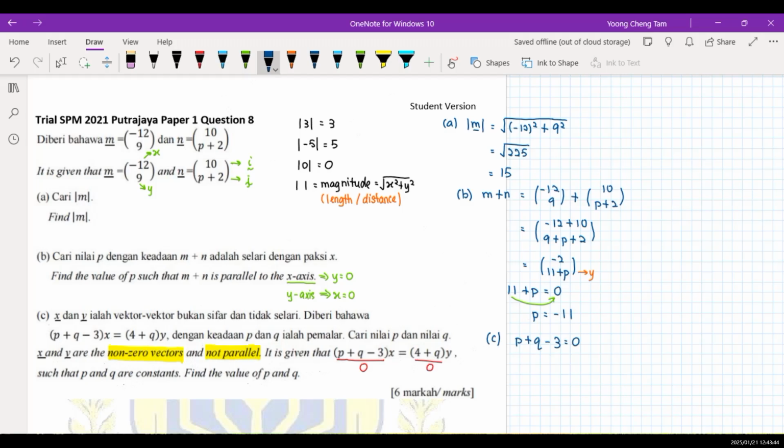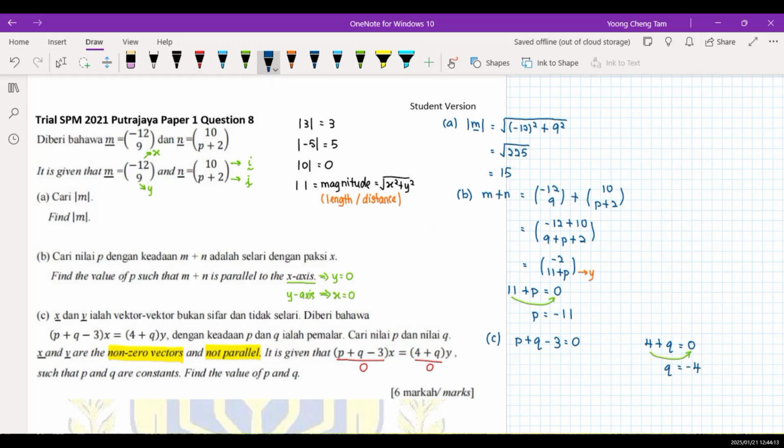Of course, we can't solve this equation because we have two unknowns. Let's go to the second equation, 4 plus q equal to 0. Move 4 to the other side, so 0 minus 4. So q equal to negative 4.